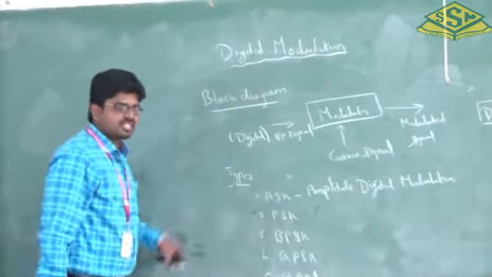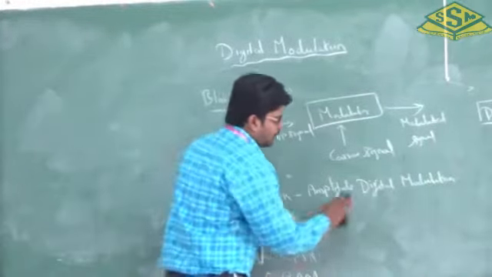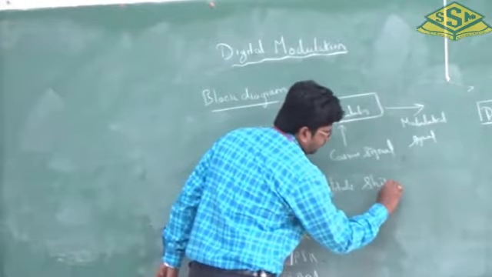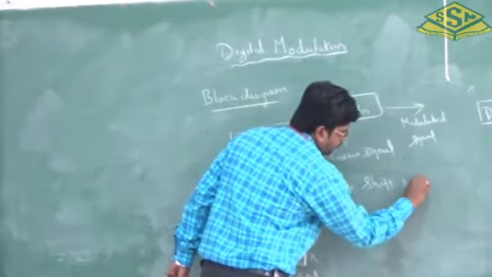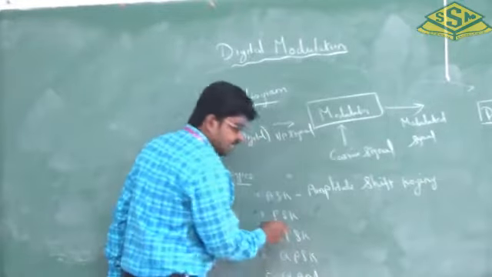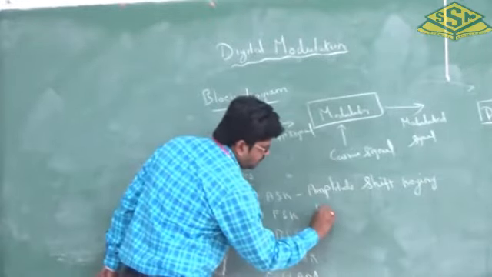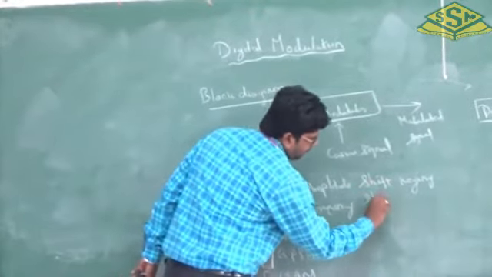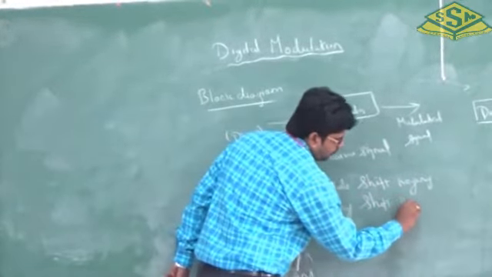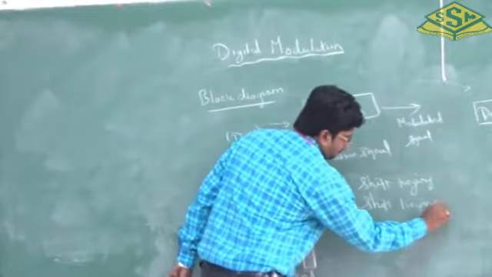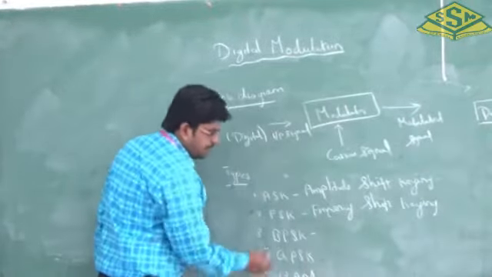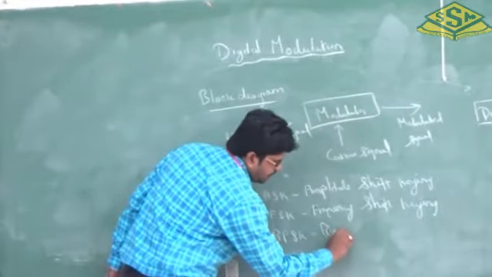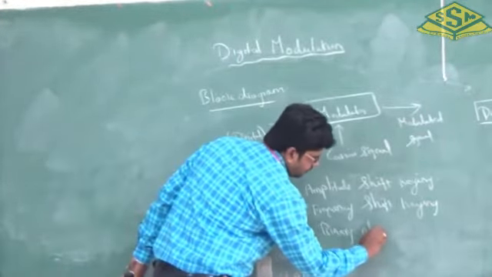Then second one is FSK, frequency shift keying. Then third one is BPSK, binary phase shift keying.